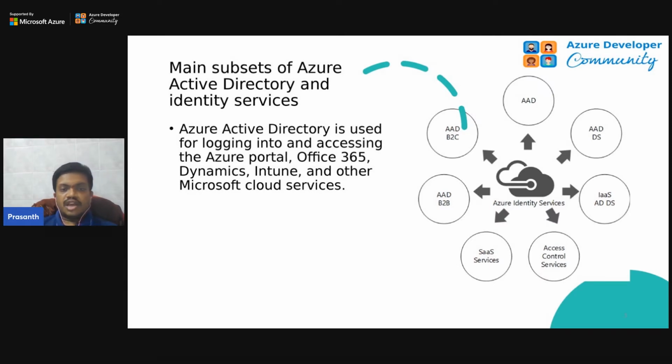And coming to the main set, now we'll dive into Azure Active Directory and its identity services. As you can see here, Azure Active Directory logs everything when accessing the Azure portal: who is logging in, what services they're trying to access, and what kind of access they have.